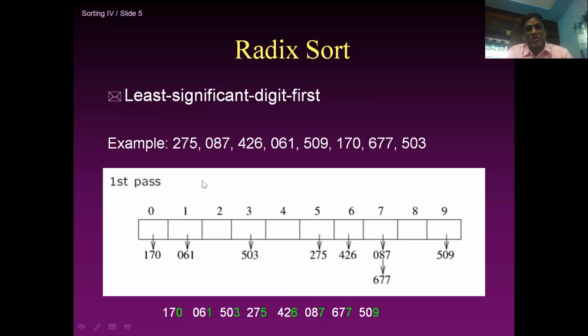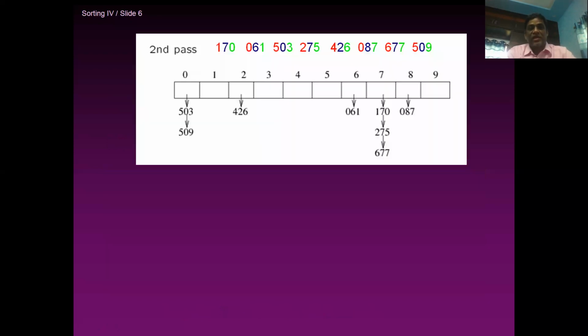So this is the actual list of elements to be sorted, and we got this list after the first pass, and this will be considered for second pass to apply the same process again. This time we consider digit 2, least significant digit 2. What is that least significant digit 2?